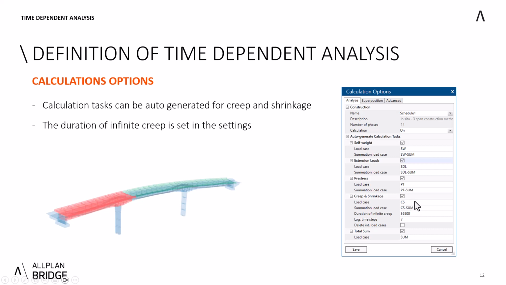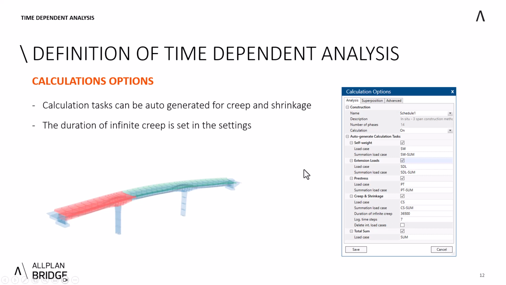We will also see this a bit more detailed later. And of course, a summation load case, what happened till this point. What is also important here is that we can set the duration of infinite creep in days. So in this example, we have set it to 36,500 days.